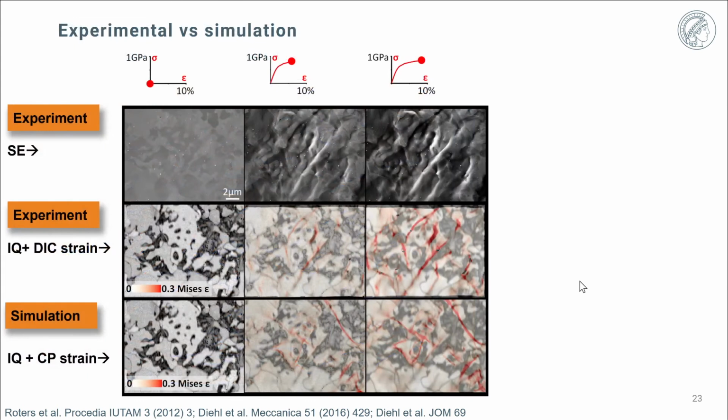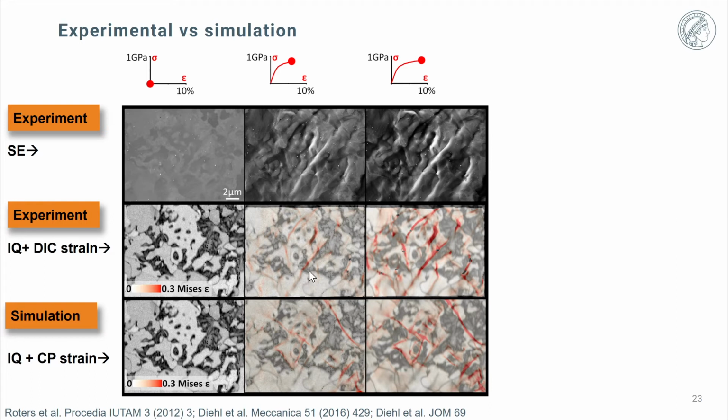And when you compare now in detail these experiments, here from the electron microscope, from the image quality and the DIC, and the simulations that I've just shown you before, in terms of the fine details, you see a couple of features that are quite nicely reproduced.